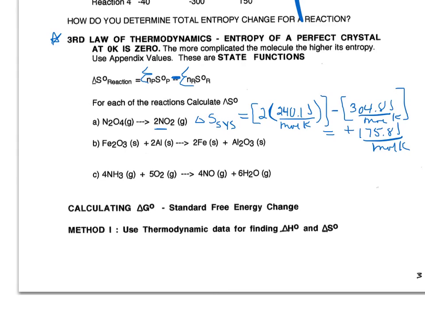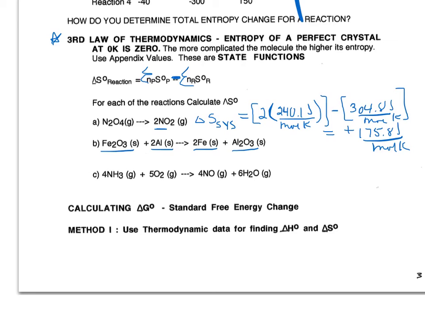All right, so again, it's a new concept being delta S, but it's calculated very much the same as delta H. The next one here, we have Fe2O3. It's a solid combining with 2 aluminums, solid there also. And then we're getting 2 moles of iron and 1 mole of aluminum oxide. Again, both solids. Ooh, do you remember what this reaction is by any chance? Yeah, this is a good old thermite reaction.